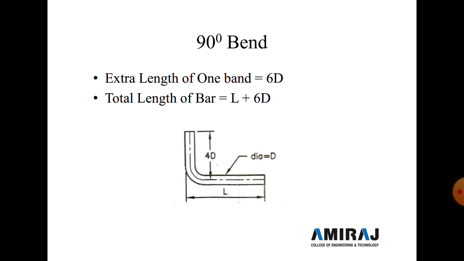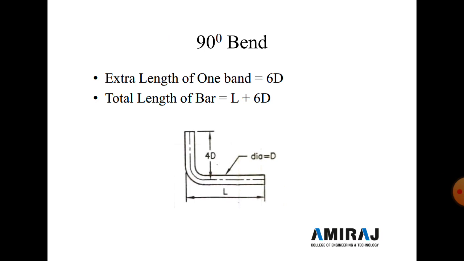If the bar is bent at 90 degrees at one end or both ends, how much extra length of bar is required? We calculate that here. Some formulas are given.